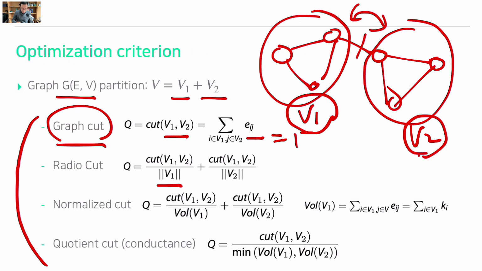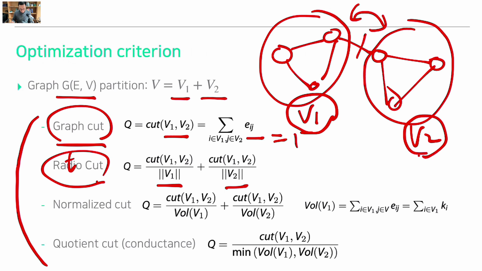We normalize using the number of vertices in V1 and V2, and then we sum them. We try to minimize the ratio cut.